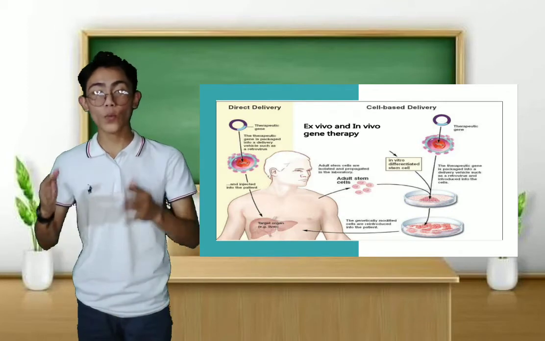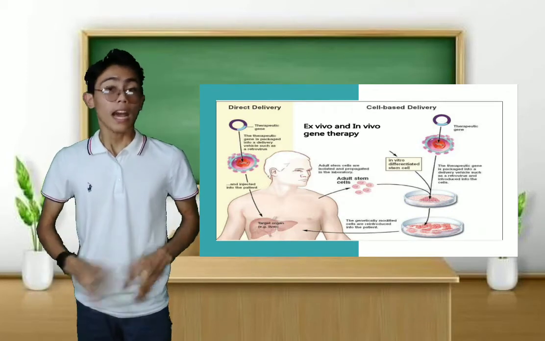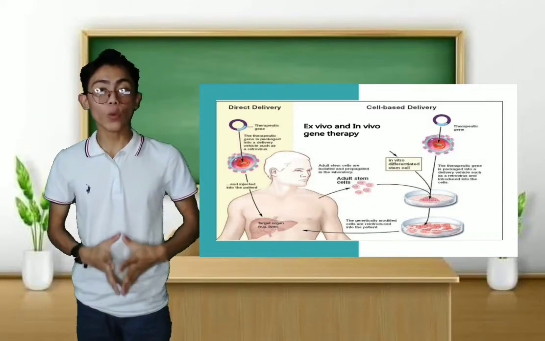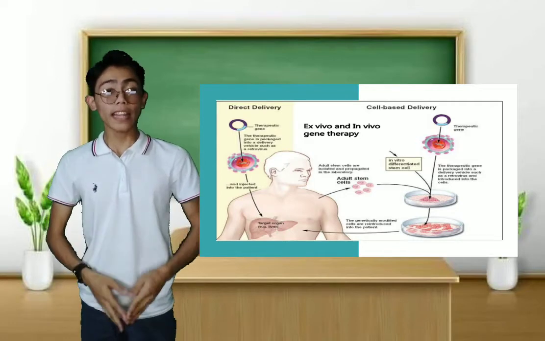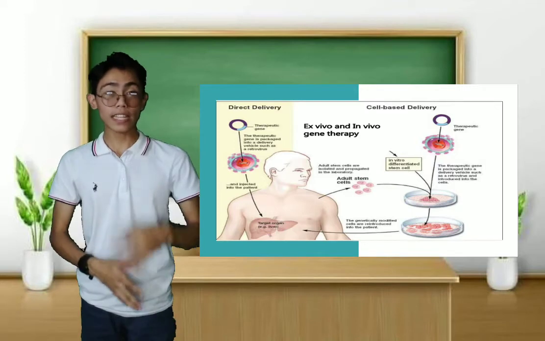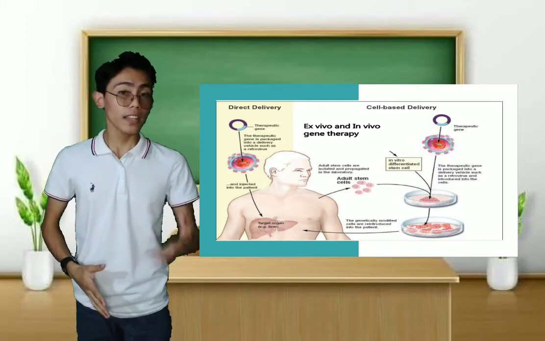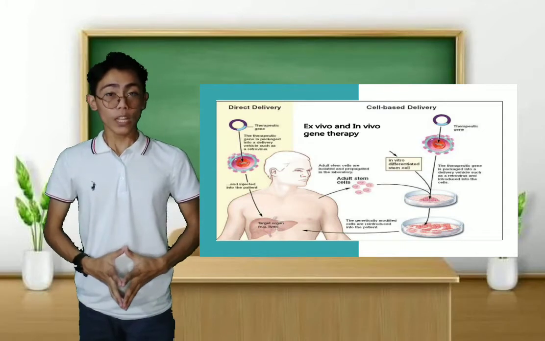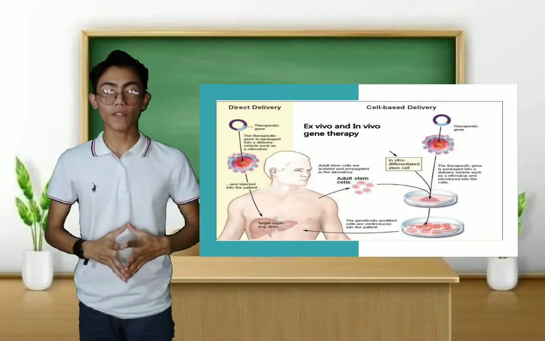The same as with direct delivery or in vivo somatic gene therapy, a therapeutic gene is covered and packaged into a delivery vehicle such as the retrovirus and is introduced into the cells. Now, once it is introduced, the genetically modified cells are ready to be introduced into the human body. Now, it will target the defective cells and make a new set of cells.